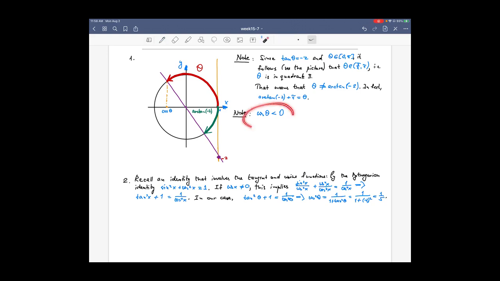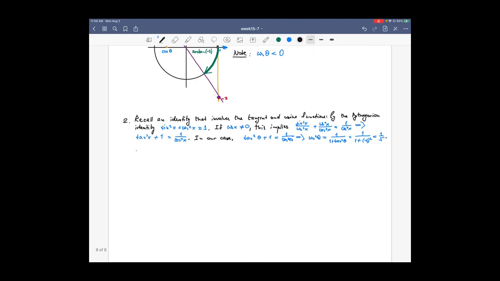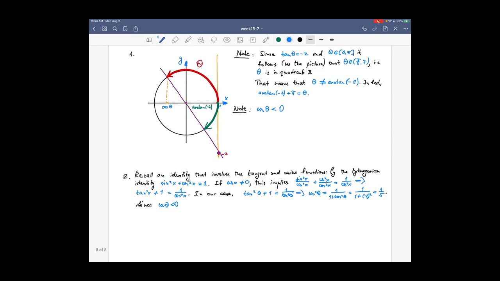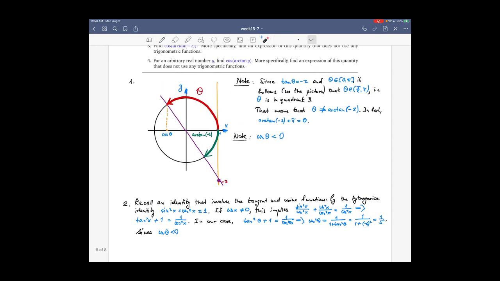Now, recalling that cosine theta is negative, remember we explained that theta is an angle in quadrant 2, which means cosine theta is negative.